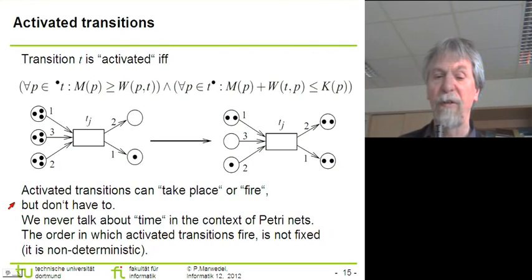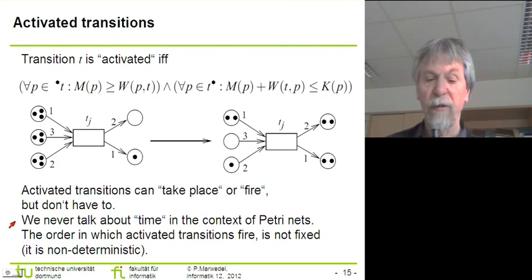So if there are several transitions that are activated, we will have to select non-deterministically which transition will actually fire. And if we have to consider all the possible sequences of transitions, we will have to consider all the possible options for resolving that non-deterministic part of the model.